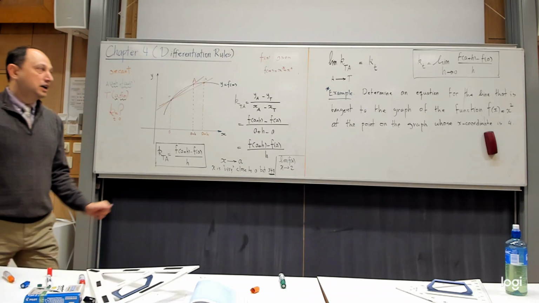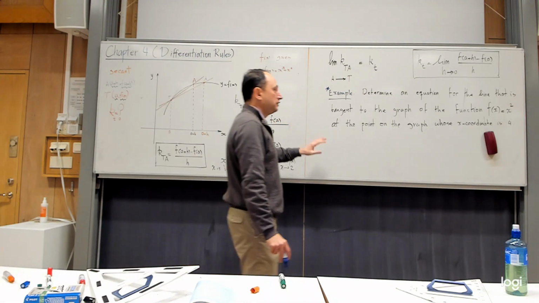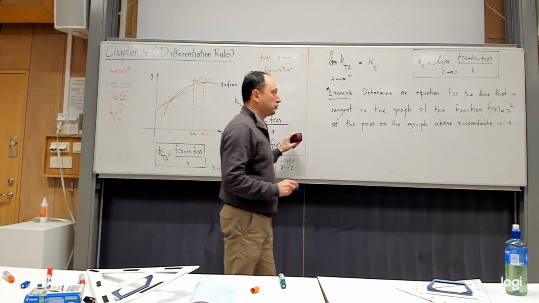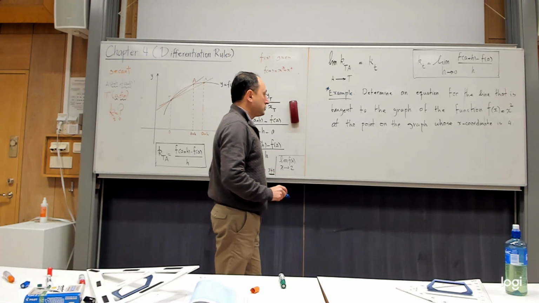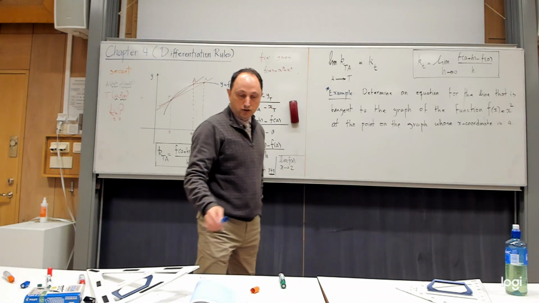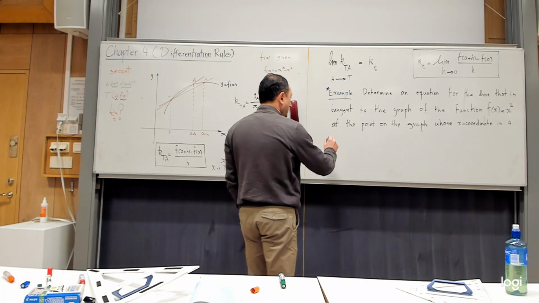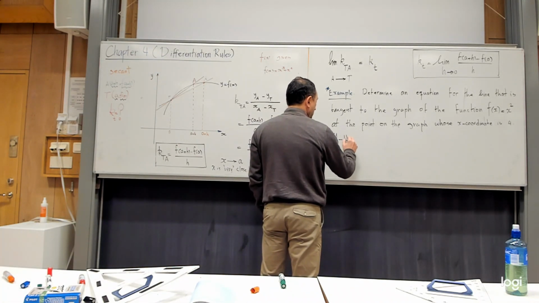Yes? And usually, when I want to solve this problem, I will use the point slope formula. Okay? So, you know that if you want to start from scratch, you have that formula.